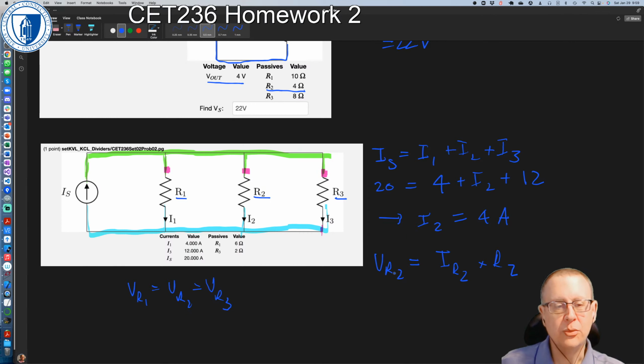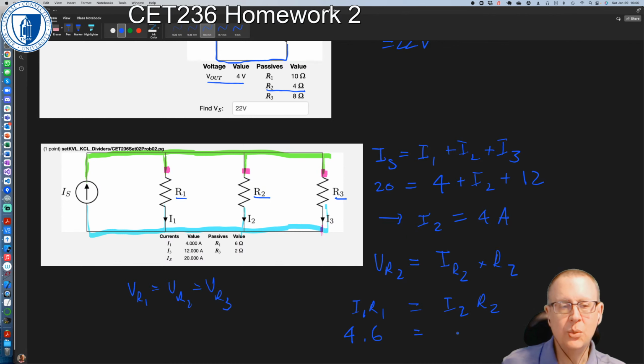So even though we don't know VR2, we can figure out what VR1 is, and that's going to be the same. So VR1 is I1 R1, and that equals I2 R2. So I1 is 4 amps, R1 is 6 ohms, right?